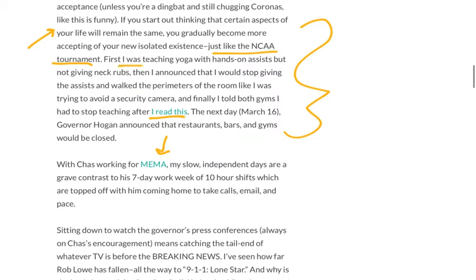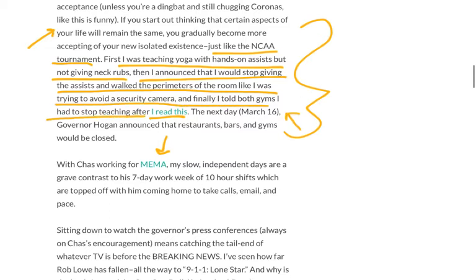She's giving specific ways that her own career has been impacted. And then she's going into what specifically the governor said. So again, the more specific you are in your writing, the easier it's going to be to read, the more powerful it's going to be, and the more interesting it's going to be, because if you're too vague, nobody's going to know what you're talking about, and they're not going to want to keep reading.